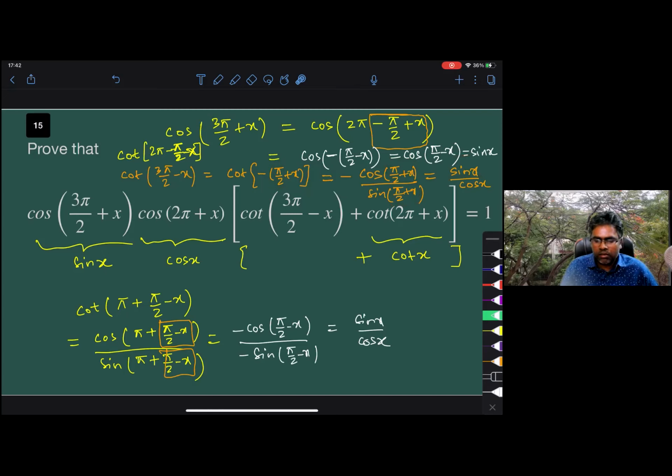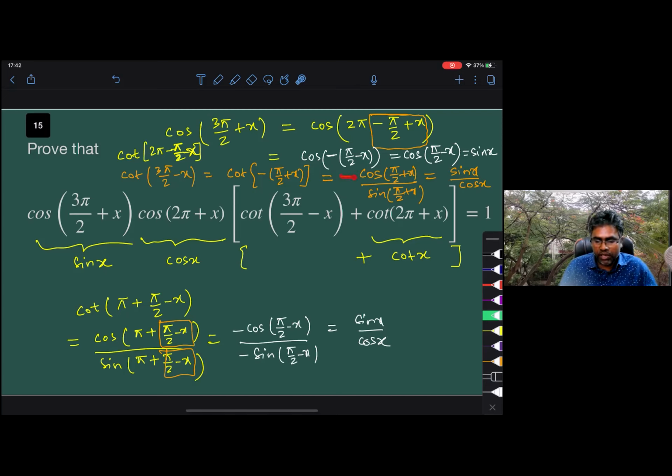And what did I do? Yeah, that is correct. So sine pi by 2 plus x. Okay, was I correct there? Yes. So if you take x as acute, cos pi by 2 plus x will be minus sine x.